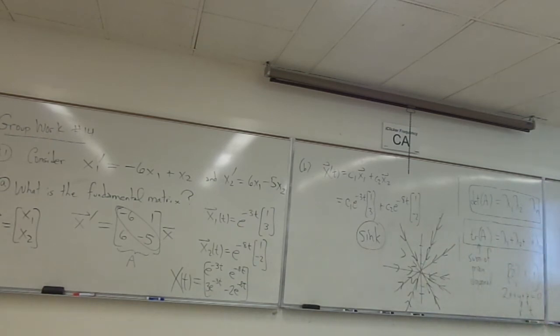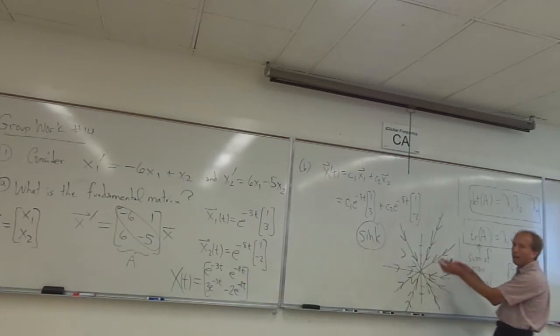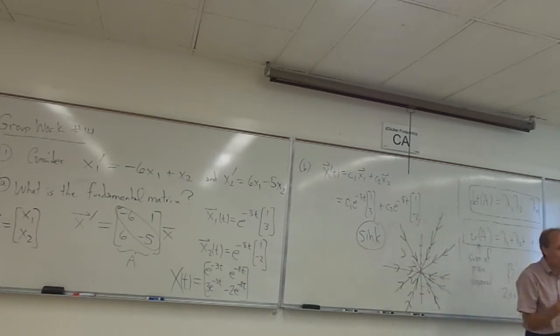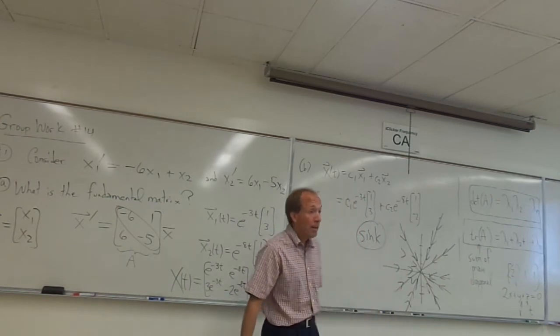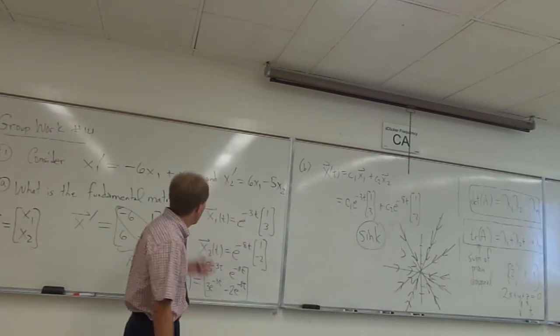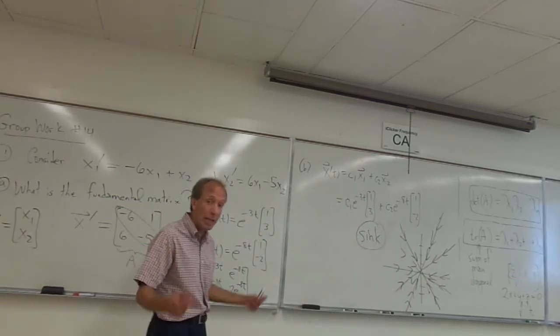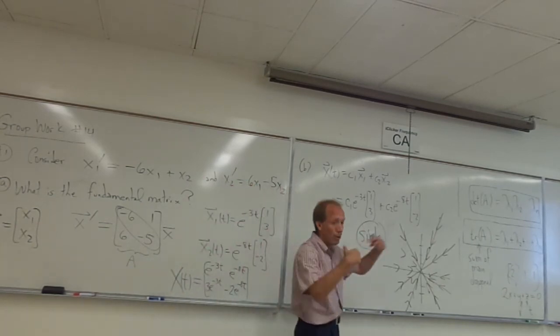The trouble with asking you to draw one of those on the test is, how do you know how many lines to draw? What's a sufficient number? More likely, I would give you a multiple choice: draw several of these and say circle which one would be the right phase portrait for the system. And then you'd be looking for the one where all the lines were going into the center.